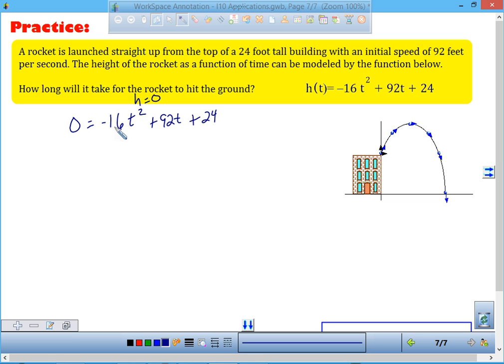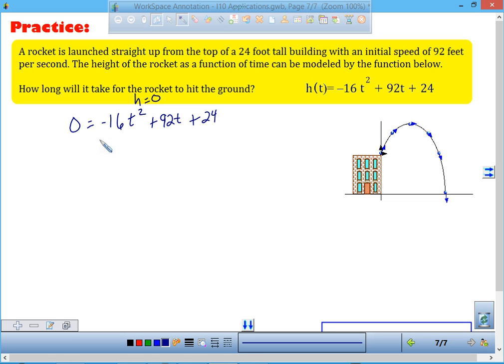This time, okay, when I factor, I can't take 16 out of everything. I could take at least 2, but I want to check for something larger. See if I can take 4 out of each term, which I would be able to. Let's check for 8. Can't take 8 out of 92, but I can take 8 out of 24.